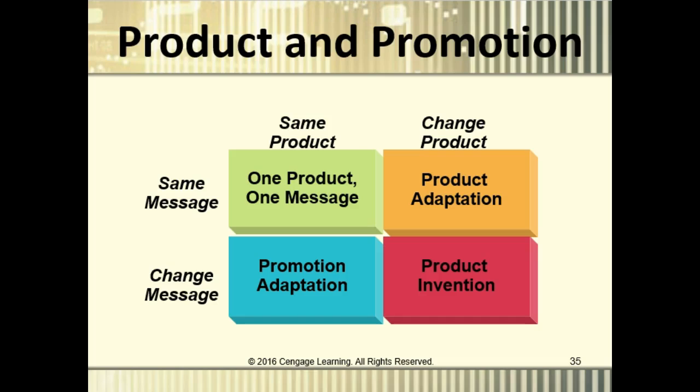And then promotion adaptation is where the same basic product is maintained, but the promotional strategy, your communication, your providing incentives to buy or try the product, is what is altered, to be able to effectively position your product in whatever country you're going into. So make sure that you are aware of this and pay attention to this slide as well.